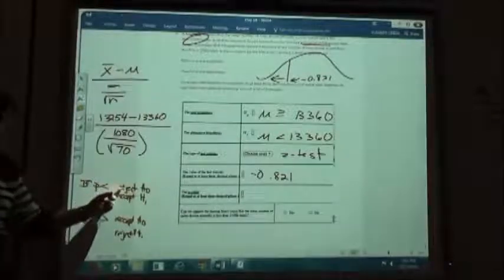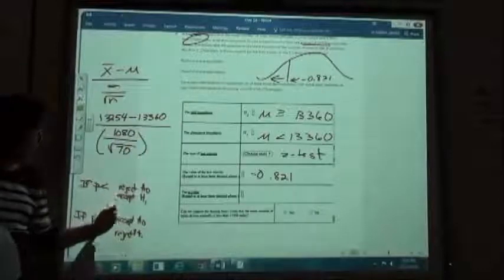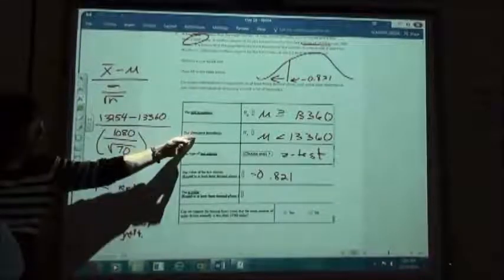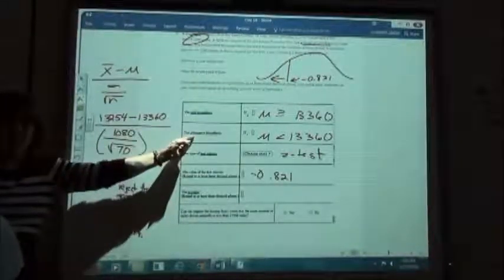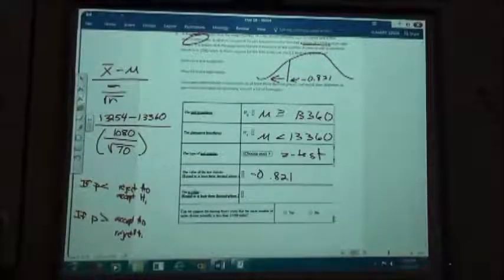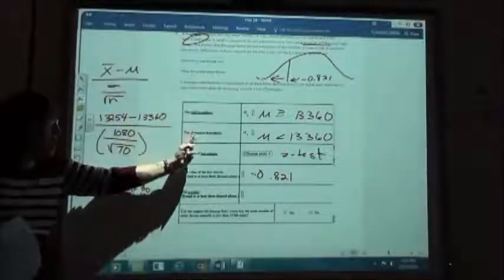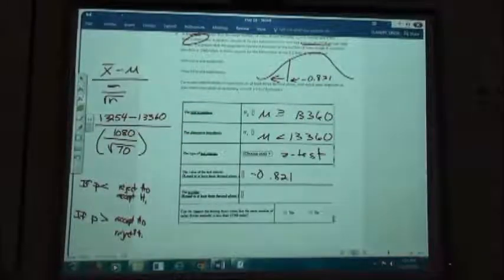Reject the H sub 0, which is the null, and accept the H1. If we reject this one, we're going to accept this one. If it's a greater than, it's going to be the other way around. We're going to accept the null, that would be true, and reject the H sub 1.